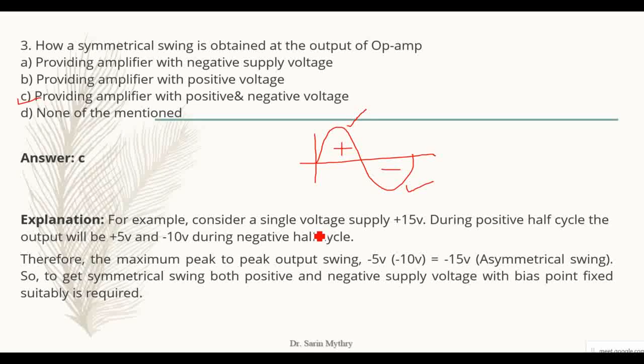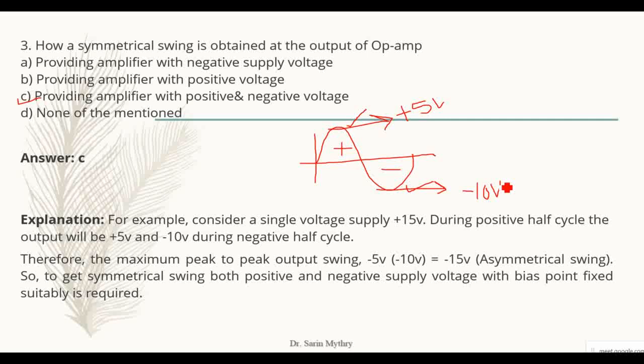They have taken one scenario where the power supply is plus 15 volts, and the peak value of the positive cycle is plus 5 volts. The peak value of the negative cycle is taken as minus 10 volts.